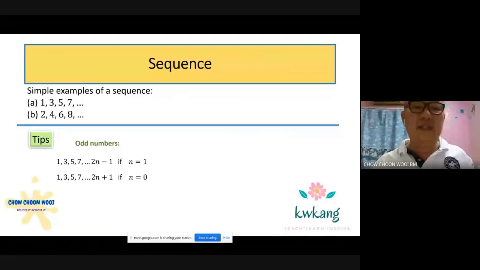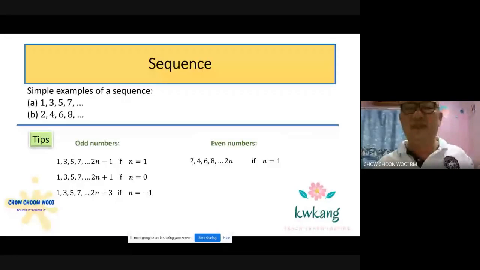So it is 2n plus 1 if n is equal to 0. Okay, so 1, 3, 5, 7, which is 2n plus 3 if n is equal to negative 1. For even numbers, 2, 4, 6, 8, 2n if n is equal to 1. Okay, so 2, 4, 6, 8 up to 2n plus 2 if you start from 0. N term tu you start from 0 lah sebenarnya.